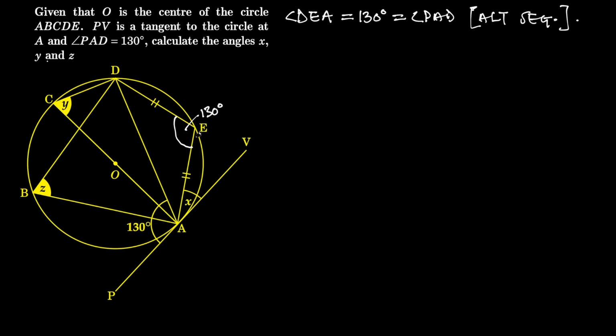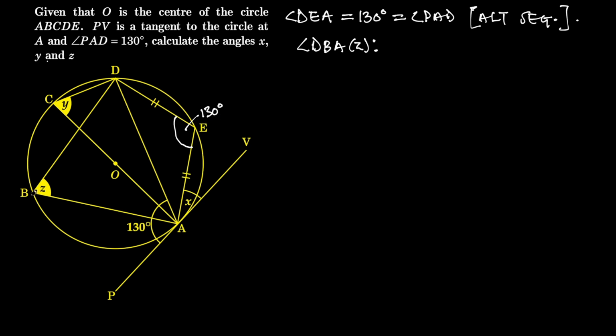Now from there, we can obtain Z, that is angle DBA. Angle DBA happens to be in a cyclic quadrilateral with the 130 degrees.